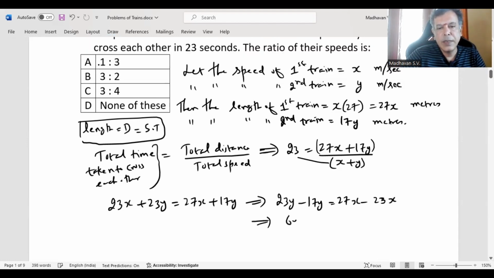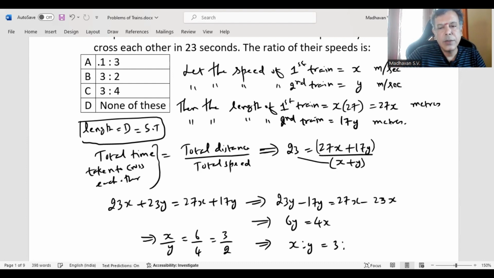That will give us 6y equal to 4x. That means x by y will be 6 by 4. 6 by 4 is 3 by 2, which means the ratio x is to y is 3 is to 2. So the option is option B.